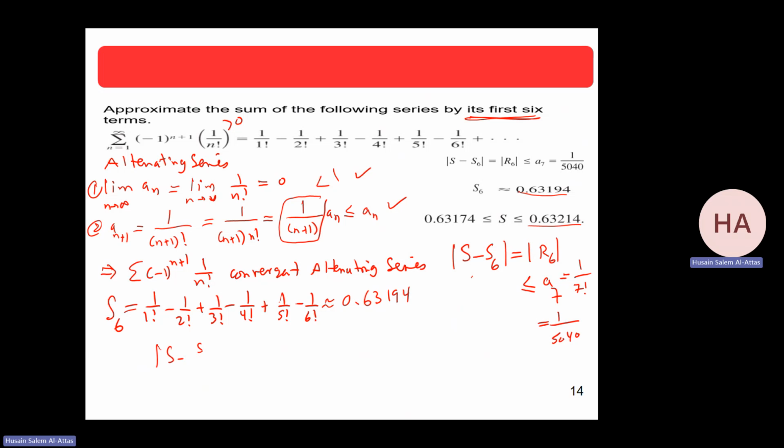So from this, S minus S6 is less than or equal to 1 over 5040. So S minus S6 is bounded between minus 1 over 5040 and 1 over 5040, just the absolute value thing.